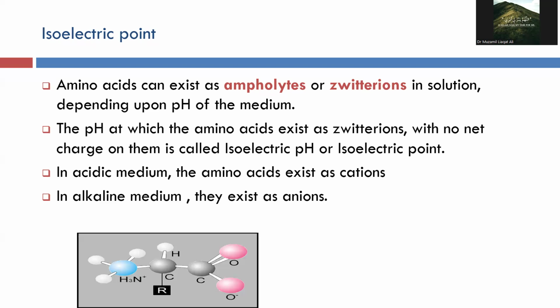In metabolic acidosis, the blood pH will be on the lower side. And further, in metabolic acidosis, amino acids and proteins become more positively charged.